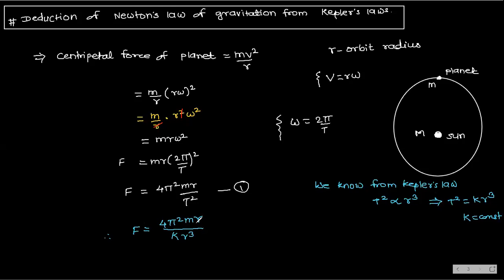Now this r and this r cube will get cancelled. So what is left? 4 pi square m divided by k into r square. So I am getting F is equal to 4 pi square by k into m by r square. Let's call this equation number 2.